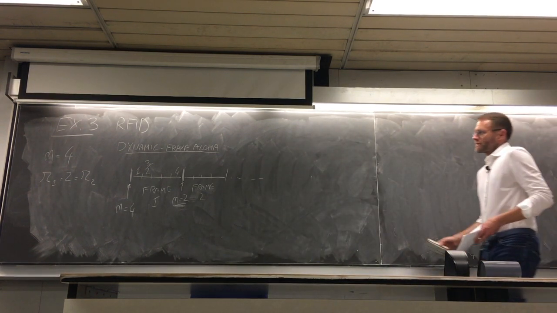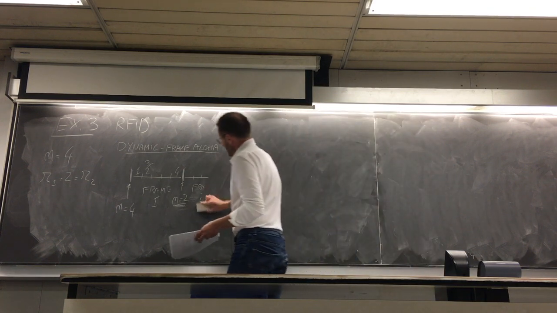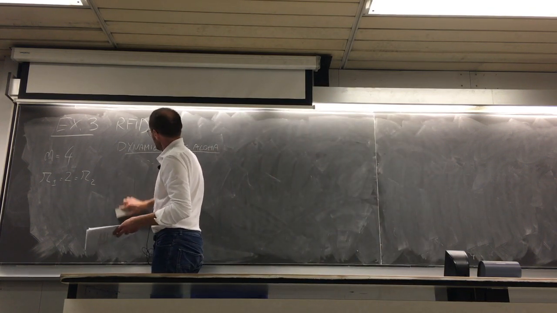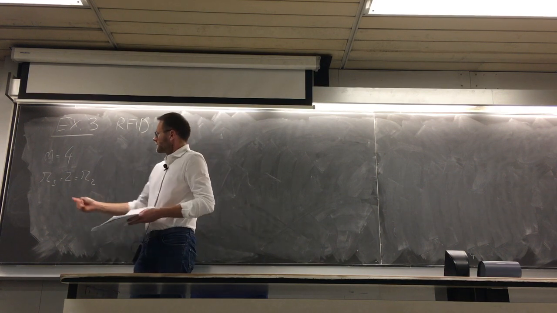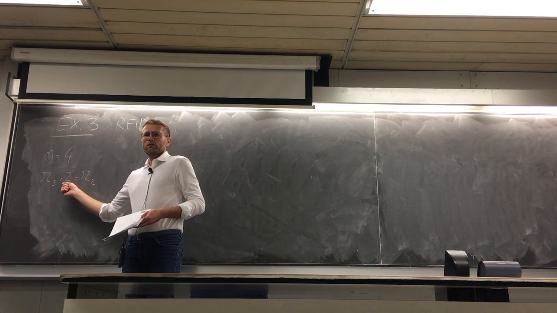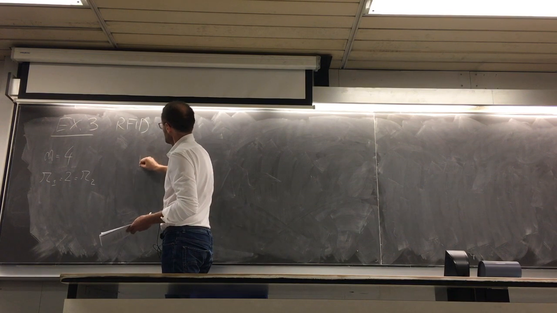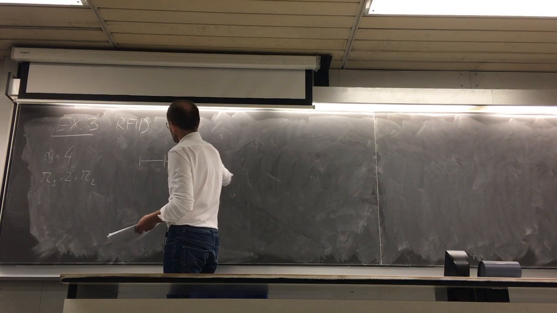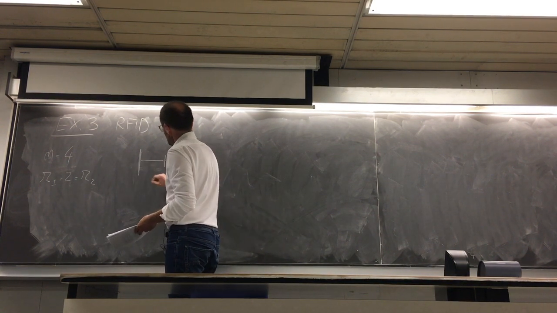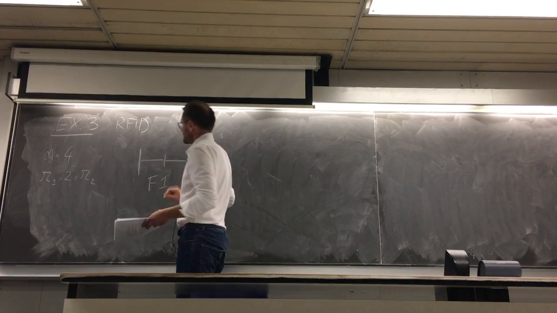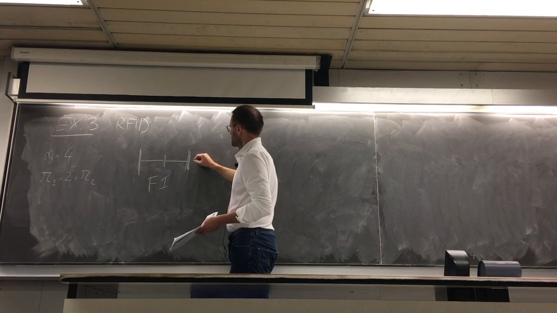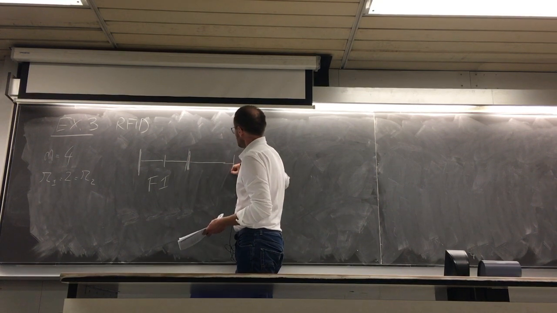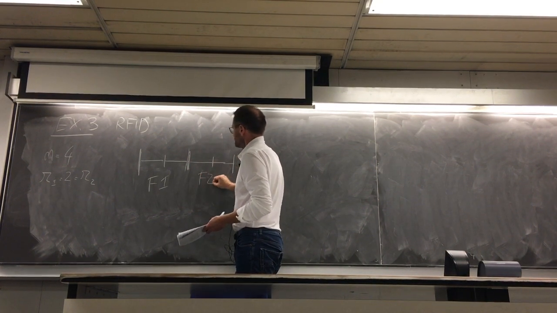So in our case, we have the following setting. The first frame is 2 slots long. This is our first frame, frame 1. And also the second frame is 2 slots long. That's frame 2.